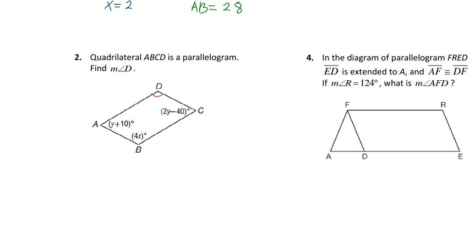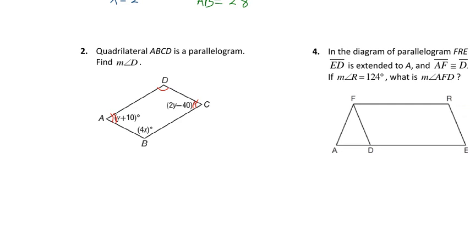But I do have the other angle, which also uses a y, which is the opposite to angle A, angle C, and therefore I can write an equation with these two measurements. Because I know that opposite angles of a parallelogram are congruent, I can write this equation using one variable.